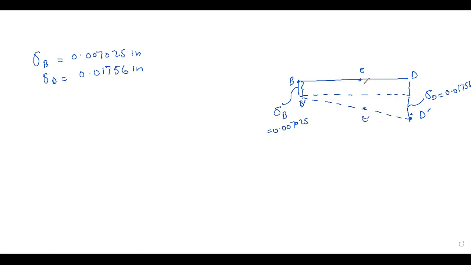We have to know this value of deflection due to the application of a load. That is delta E. This is what we have to calculate. To make it more clear, we can say it's figure number 1, figure number 2. Figure number 1 consists of point B to E.